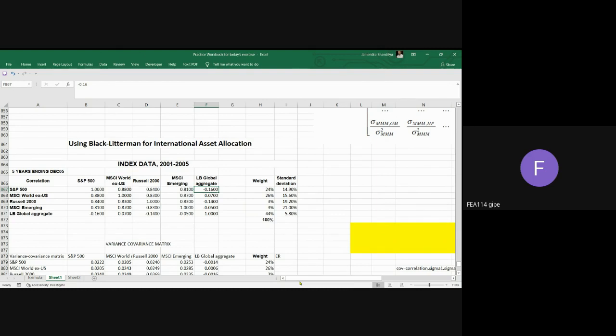Because it's a negative correlation with Lehman Brothers, there are tricky issues involved. Now, because these are all correlations and we want variance covariance. Why? Because without variance covariance, you will never understand the return of the portfolio comprising 24% in S&P 500, 26% MSCI, and 3% and 3% in the Russell and Emerging Market, and the LB Global Aggregate.